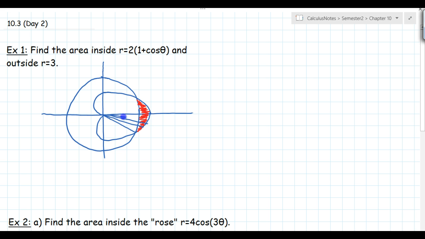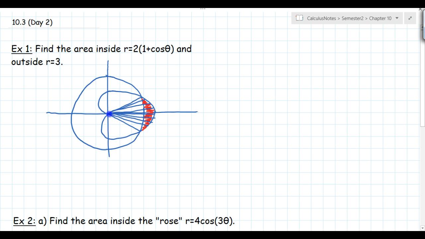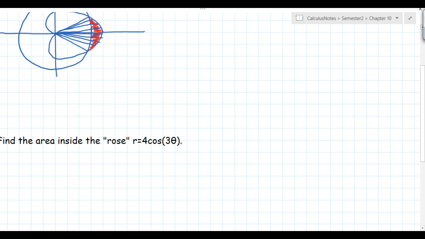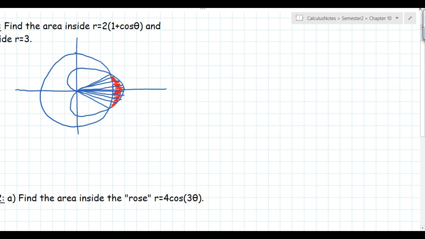So I'm going to draw a whole bunch of radii here, all emanating from the pole. So I'm starting at the pole and drawing my radii to the curve until I have the whole red area shaded in.